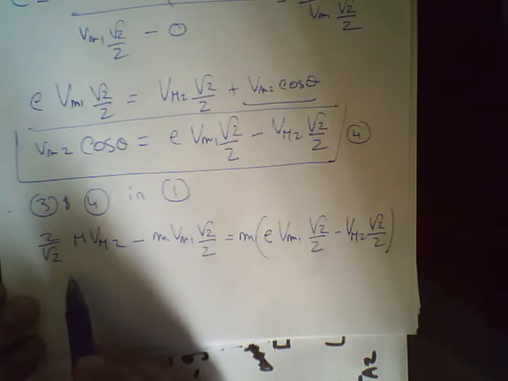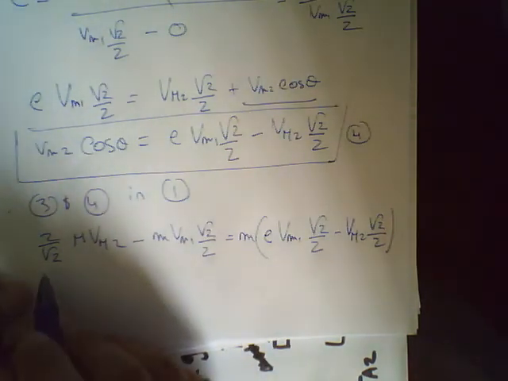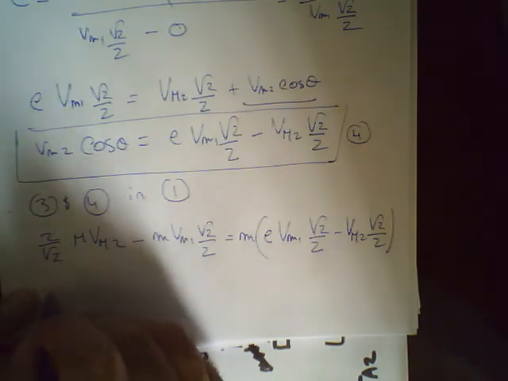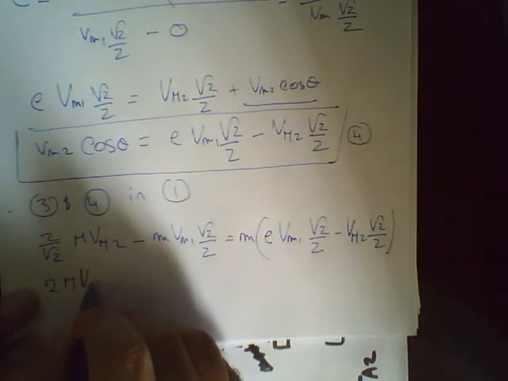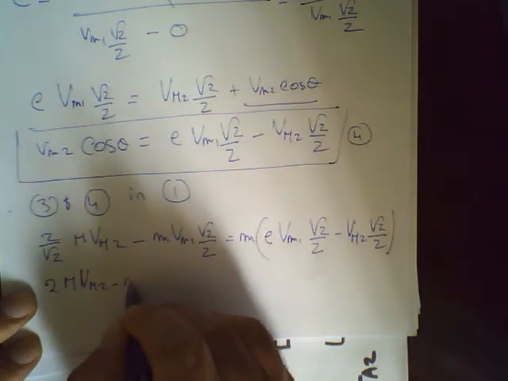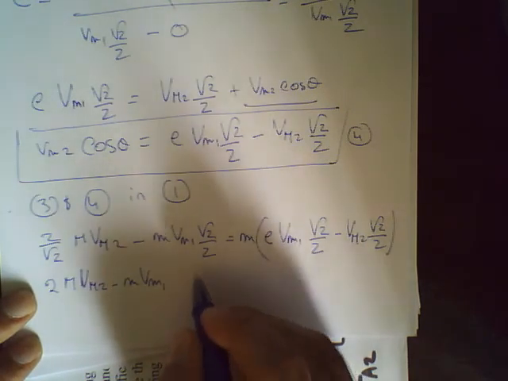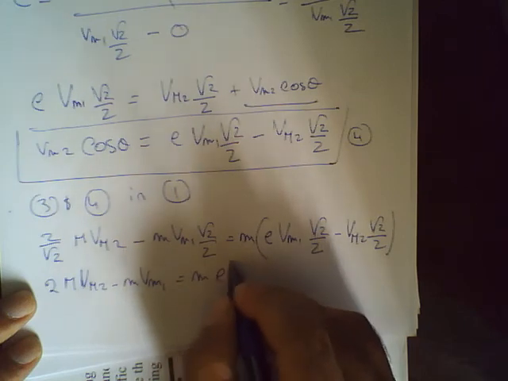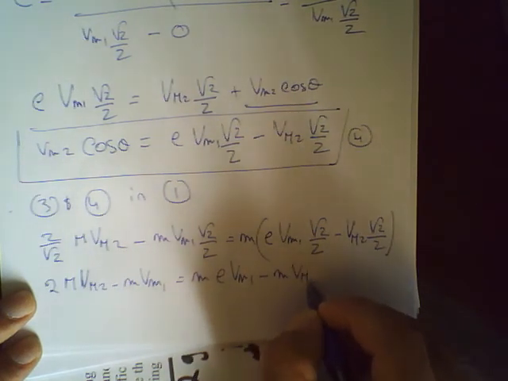So let's simplify some stuff. I'm going to multiply by square root of 2 and then divide by 2. If you multiply by square root of 2, you're going to end up with 2 m Vm2 minus m Vm1, because this guy will vanish if I multiply by square root of 2, is going to be equal to m e Vm1 minus m Vm2.